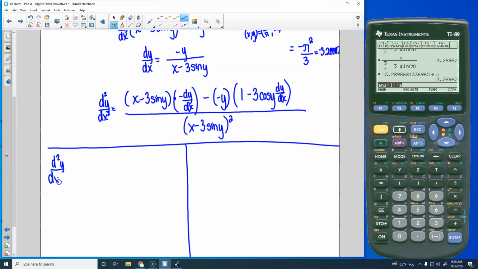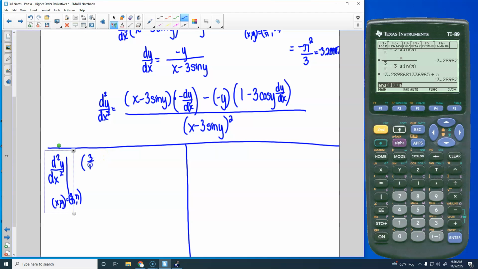So if I am plugging in, I notate that by putting that line x, y equals 3 over pi, pi. And so you are plugging in pi for your y, 3 over pi for your x.